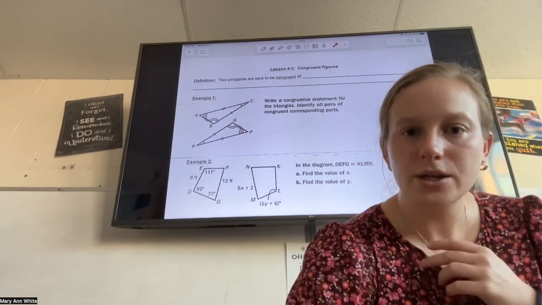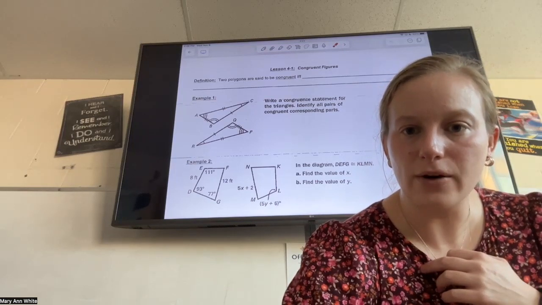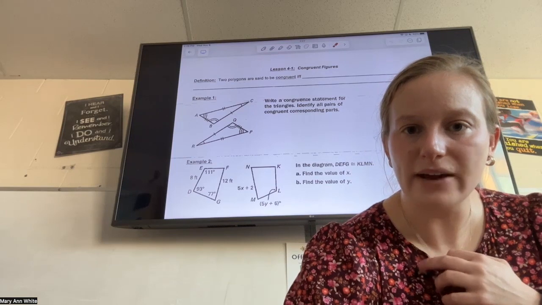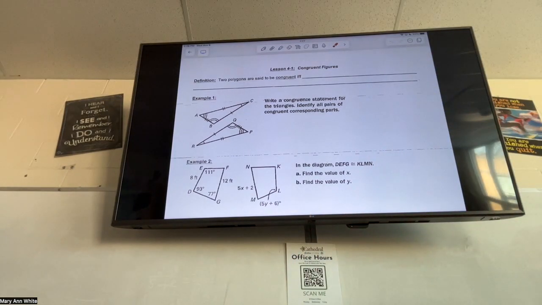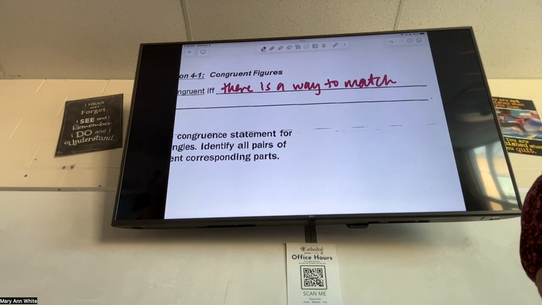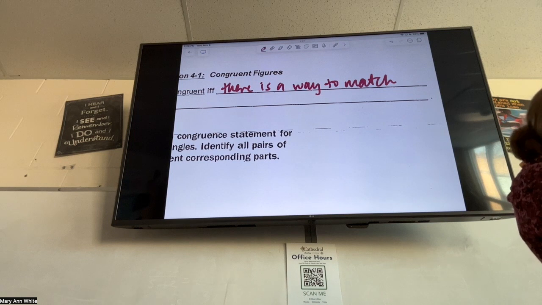Okay. So first thing that we're going to think about is my definition of two polygons being congruent. Two polygons are said to be congruent if and only if there's a way, this is going to be a long definition, there is a way to match the vertices.